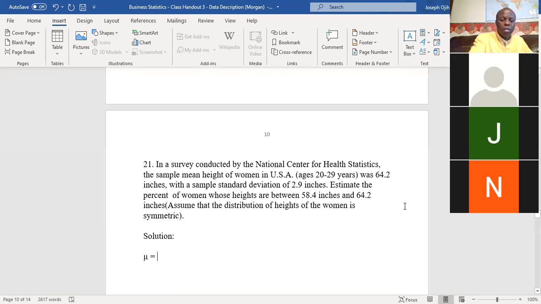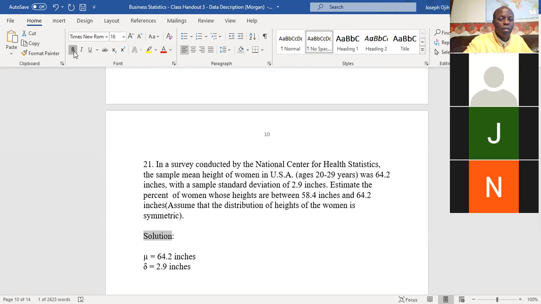And the standard deviation is 2.9 inches. Now they ask you to estimate the percent of women whose heights are between 58.4 inches and 64.2 inches.